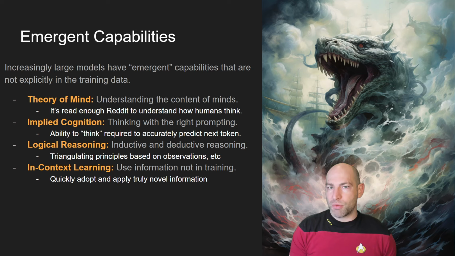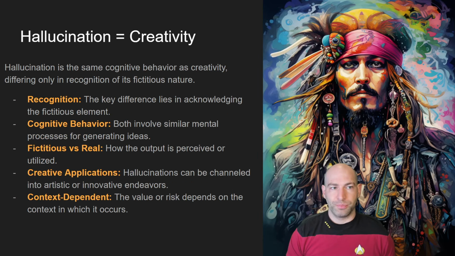The fact that language models are able to use entirely novel information that is outside of the training distribution, and can effectively and accurately use that information, is very similar to humans' ability to improvise. So the fact that one of the emergent capabilities is this improvisational ability, or in-context learning, means that these models are actually very, very intelligent.